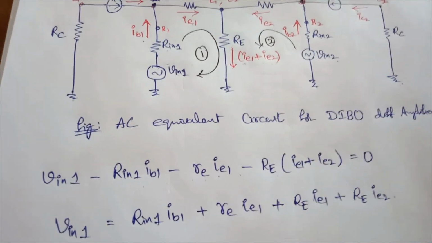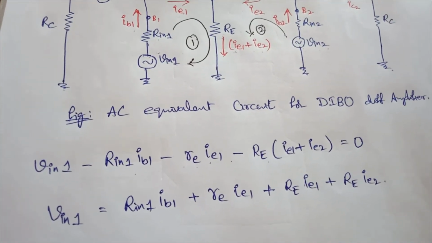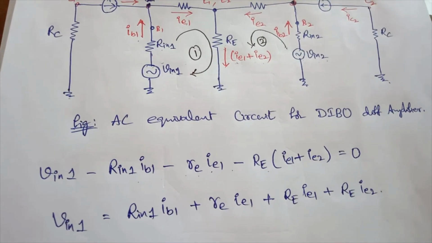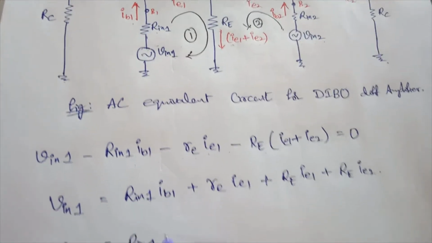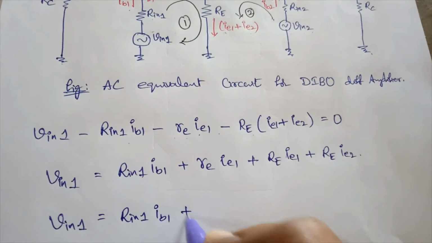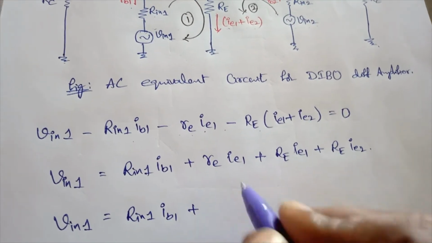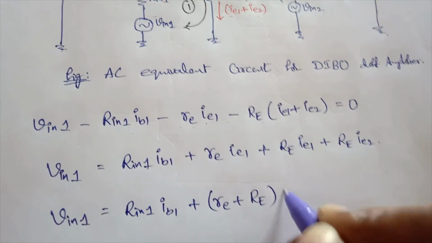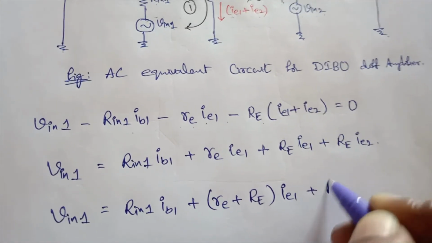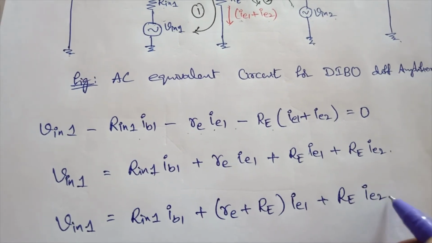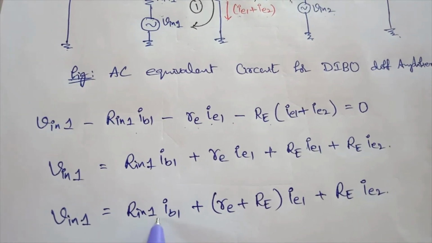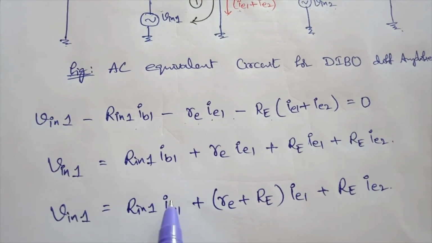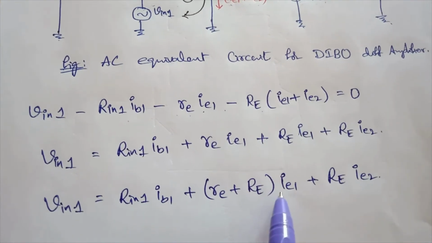So in same way, now write this one as simple. So Vin1 is equal to Rin1 IB1 plus, take IE1 common, then it becomes (small re plus capital Re) into IE1 plus Re into IE2. So here Rin value is small and IB value we already know that it is very small as compared to IE.